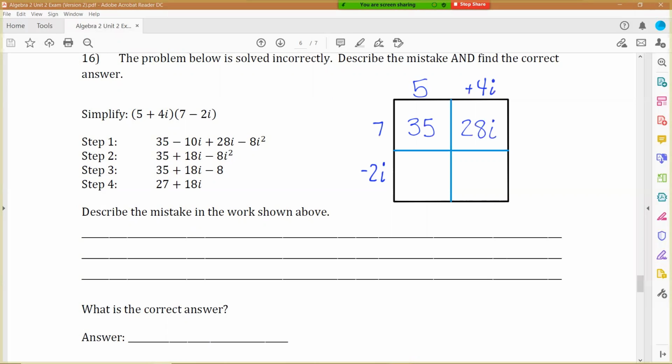Negative 2i times 5 is negative 10i. And then your tricky box, we have negative 2i times 4i, which is negative 8i squared. Take that i squared out, replace it with negative 1. So really we have negative 8 times negative 1, which is positive 8.